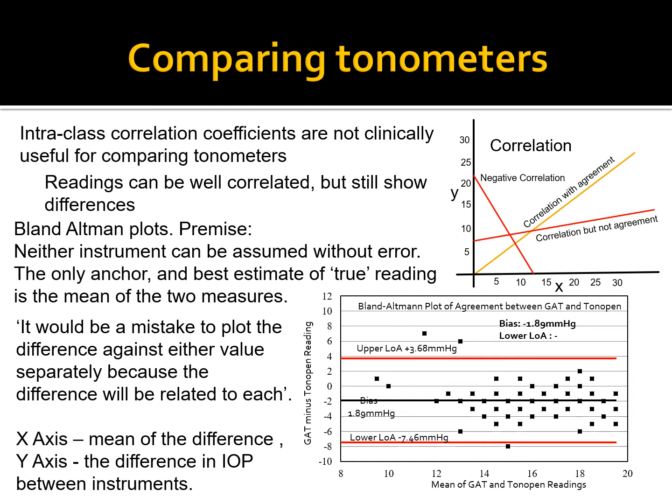The only anchor and the best estimate of true reading is the mean of the two measures. It would be a mistake to plot the difference against either value separately, because the difference is related to both. It means that if you assume one machine's perfect, then all the error is attributable falsely to the other instrument. And this is obviously a statistical fallacy. So they came up with this nifty way of doing it, but their goal, I'll come on to the next slide.